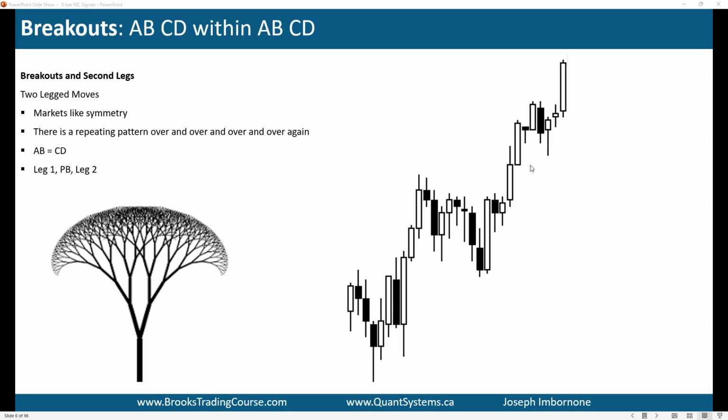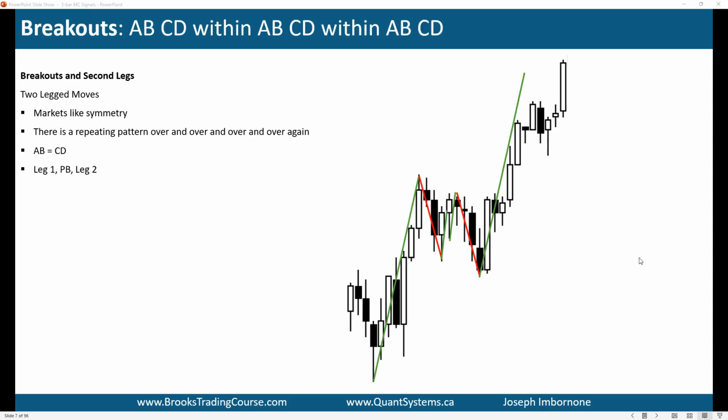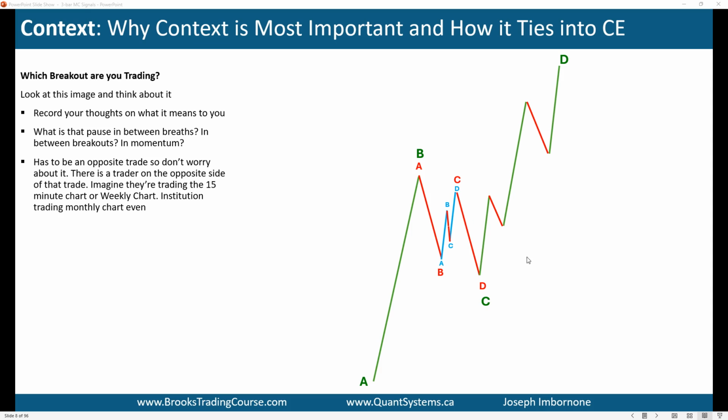I have this chart here, and it's a pretty good example of what I'm showing, almost a textbook example. A, B, C, D. But look at the pullback. You'll notice the pullback itself has two legs: A, B, C, D. And if you want to get really deep, the pullback of the pullback: A, B, C, D. I drew lines on here, almost like a line chart, to demonstrate what I'm talking about, and I'll go ahead and remove the chart so we can see it better.